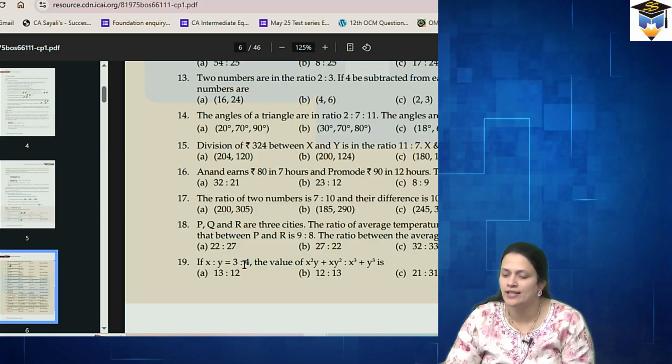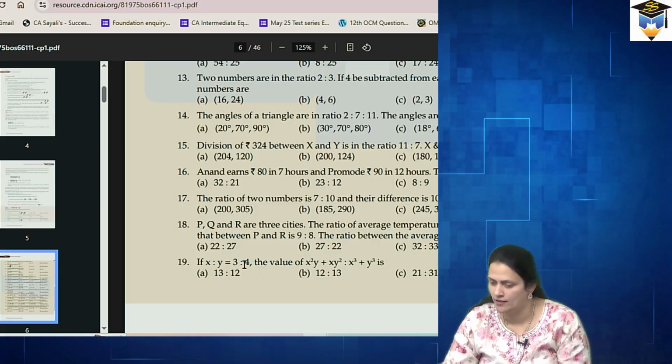Okay. Now what is cube है? x cube is 3 cube. 3 cube क्या है? 27 plus 64. How much is it? So what is the ratio? 84/91.